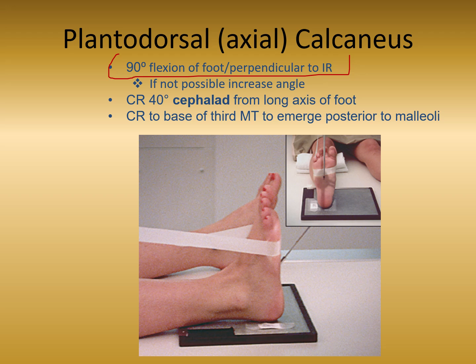Then we use a 40-degree cephalad angle along the long axis of the foot. Cephalad because it's going towards their head, right? It's definitely not going down towards the heel. So they consider it a cephalad angulation along the long axis of the foot.